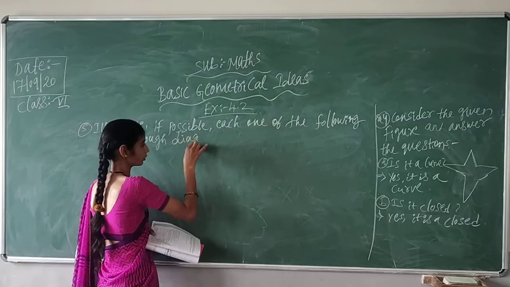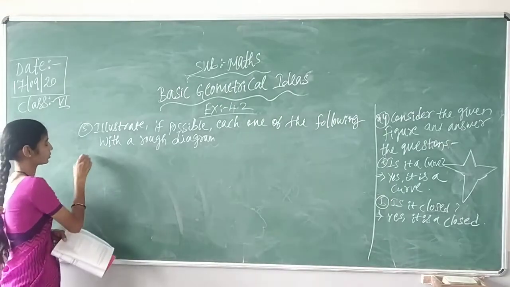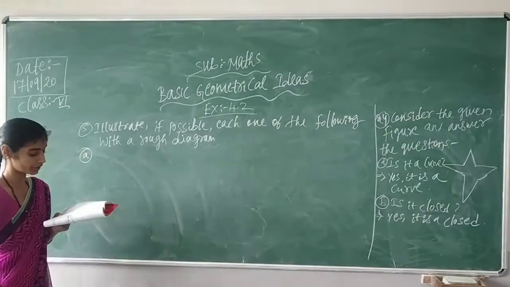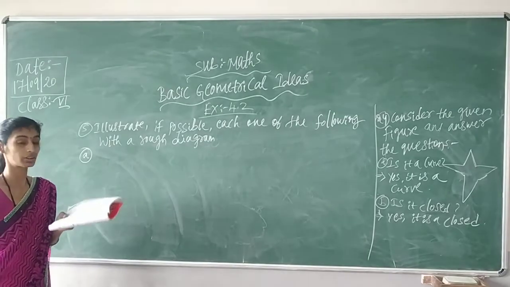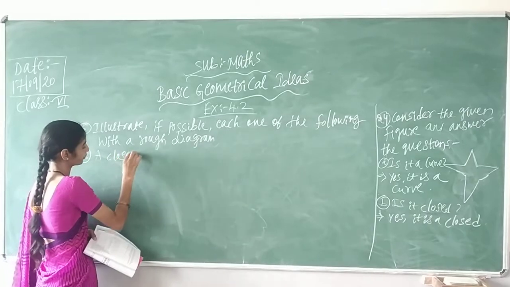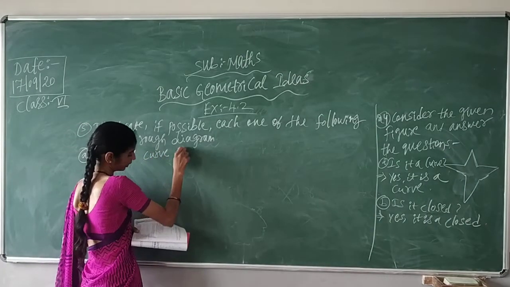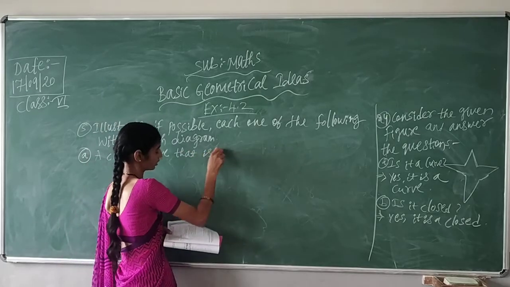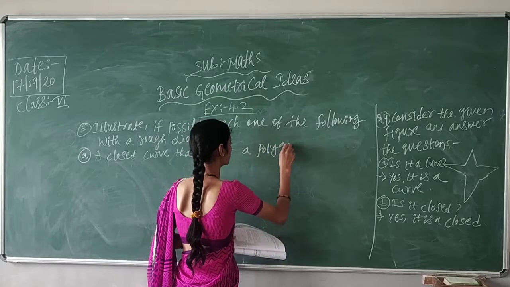So they have given you 3 questions in this figure. So you have to solve them individually. Question a: A closed curve that is not a polygon.